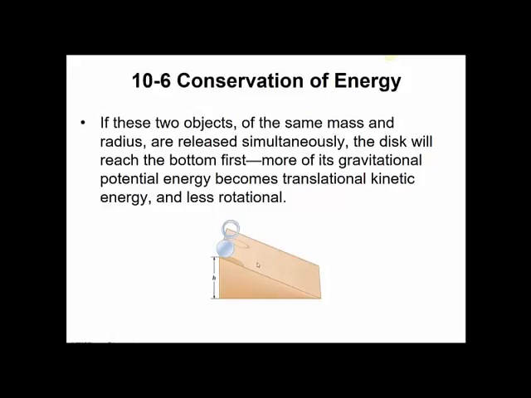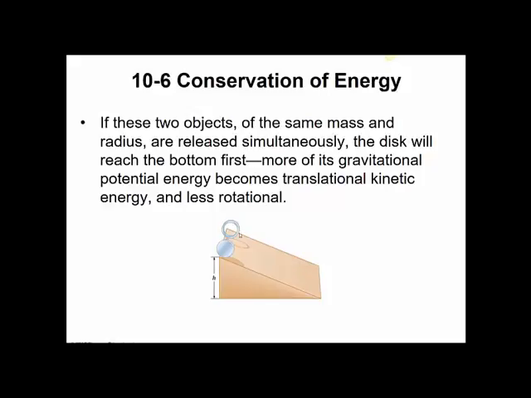So which one would have, at first they were going to have most of their energy as they start in rotation. And as they go down, all of that rotational kinetic energy is going to turn into kinetic energy.